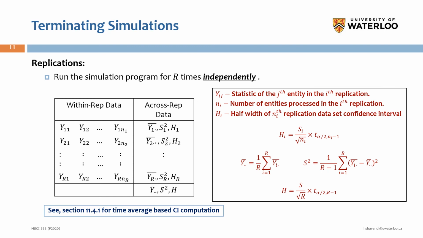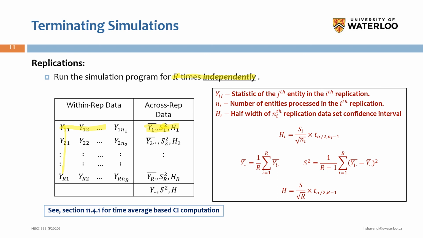So for terminating simulations, we have R replications. We run the simulation R times independently, and we have the data within each replication and over the replications. Across each replication, we can calculate these measures. Y bar r point will be the average over the data for replication r, for replication 1, for example.